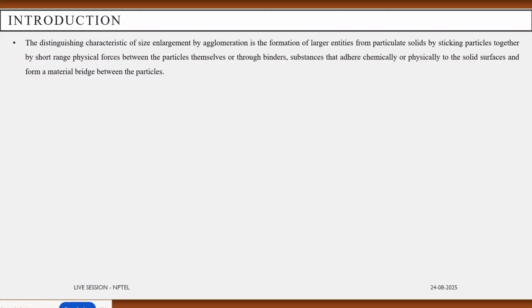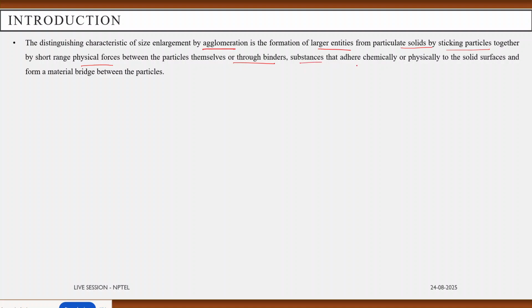So, a basic introduction to the topic today, that is size enlargement. The distinguishing characteristic of size enlargement that we are talking about is size enlargement by the agglomeration process. In agglomeration, larger entities are formed from the particulate solids by various mechanisms, like sticking the particles together by short range physical forces between the particles themselves or through binders.